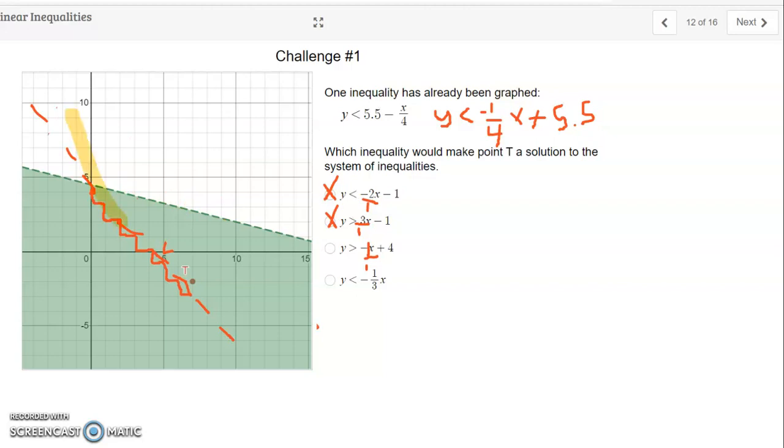So let's use this to kind of draw that better. So everything here would be shaded above the line. And the overlapping region that's yellow and green would include T then. So the correct answer is going to be C.